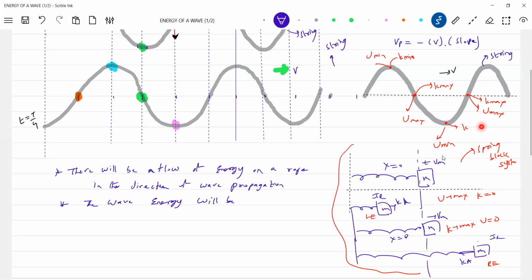Okay, this one, I'll change it. K minimum it should be. I'll change it.